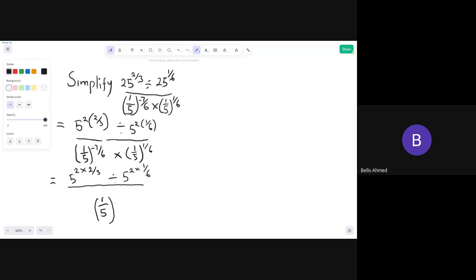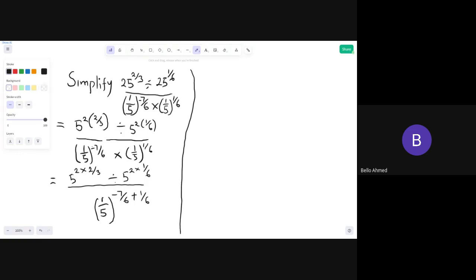That's going to be minus 7 over 6. Then this multiplication here means addition, so I'm going to write plus. Then the second power here is 1 over 6. Well, I think we can continue the problem over here.